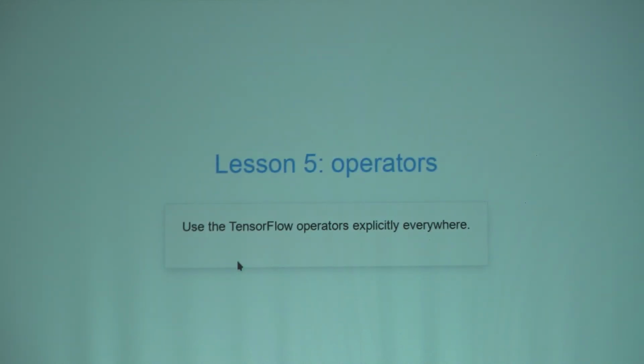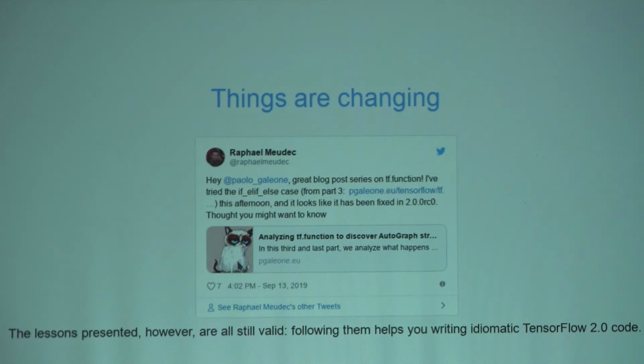So this is the lesson. Use the TensorFlow operator everywhere and use tf tensor everywhere. But things are changing, so this is from the day of the release of TensorFlow 2. On Twitter, Raphael Mendez, sorry for the pronunciation, contacted me saying that the third part of the articles I wrote on my blog that are the source of this talk now have been fixed.